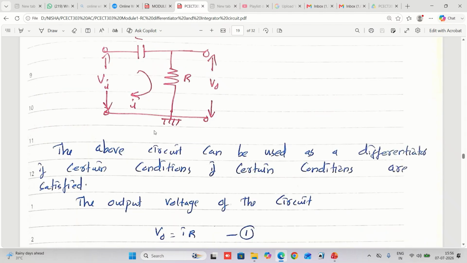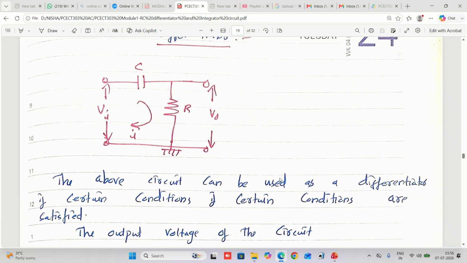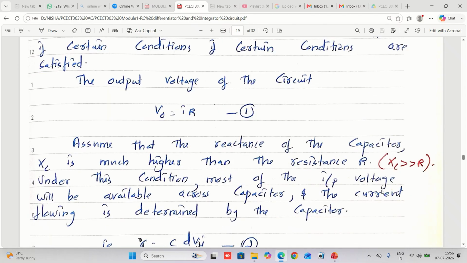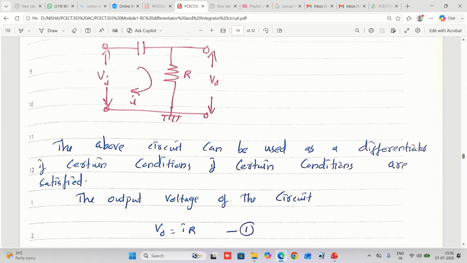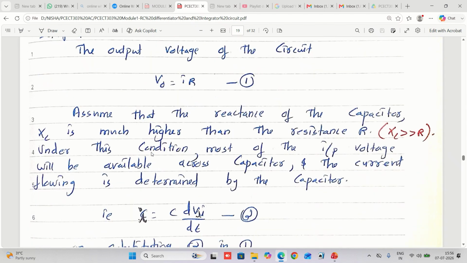The output voltage of the circuit V0 equals I into R. Assume that the reactance of the capacitor, Xc, is very much greater than the resistance of the circuit. Under this condition, almost all the input voltage will be available across the capacitor. So the current flowing through the circuit is mostly determined by the capacitor.